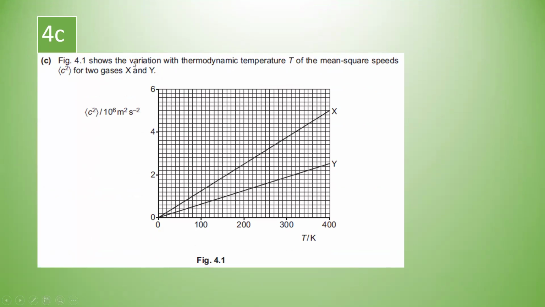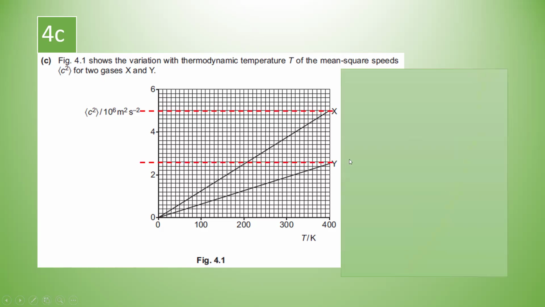Figure shows variation with thermodynamic temperature of the mean square speed of two gases X and Y. Roughly, the theory involved: get the equation on a straight line, then rearrange a formula to get what you want.